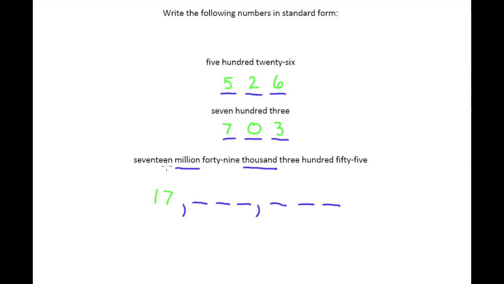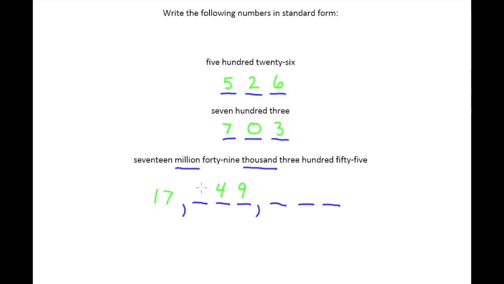That seems fine. Now we have 49,000. Well, 49 is of course less than 100, so that means I'm going to skip over to the tens place, the 10,000s place. We'll put a 4 in that spot and a 9 in the thousands place. But just like up here with 703, I do not want to just leave a blank spot in the middle of the number.